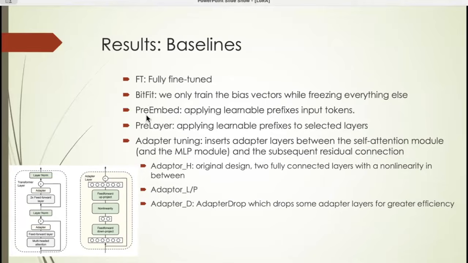They also compare it across different PEFT methods, like BitFit, where they only train the bias terms in the linear layers while freezing everything else. And also prefix-embedding and prefix-layer, where they apply some additional prefixes to your input tokens or to the selected layers.